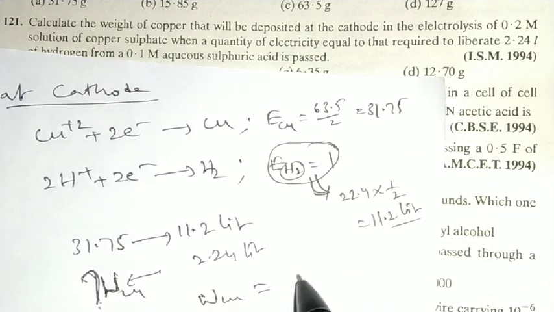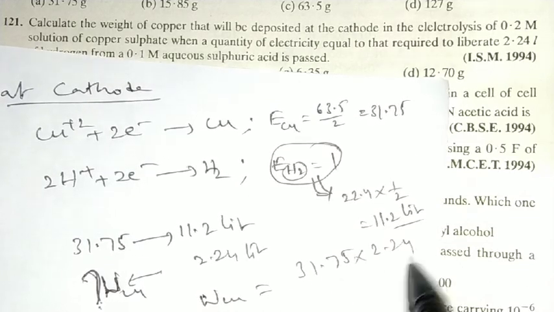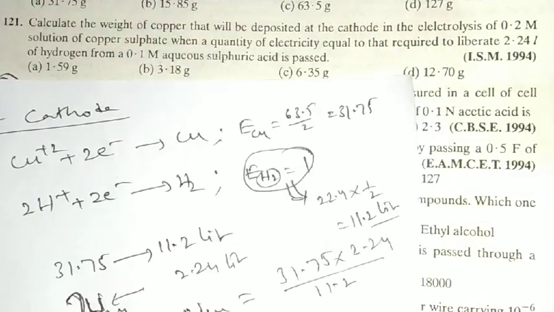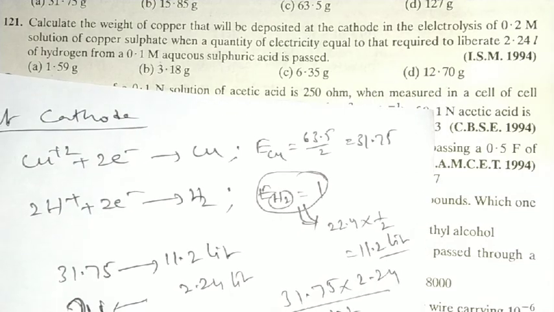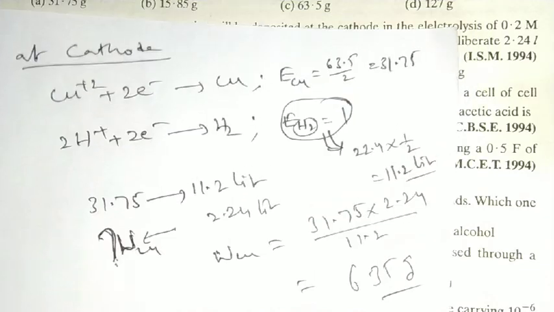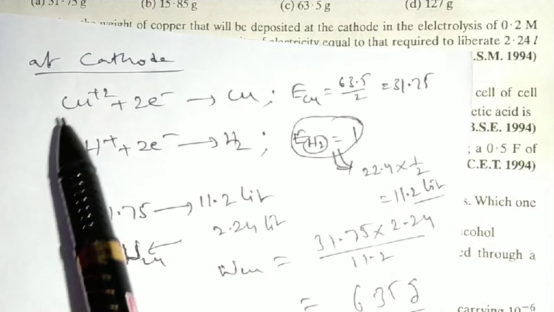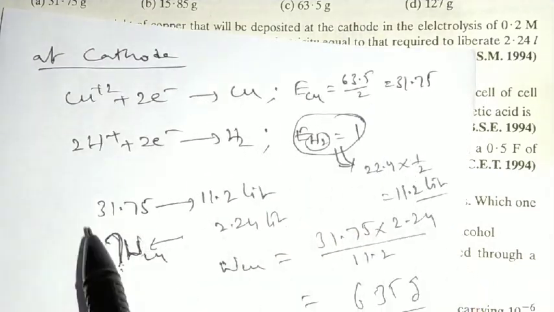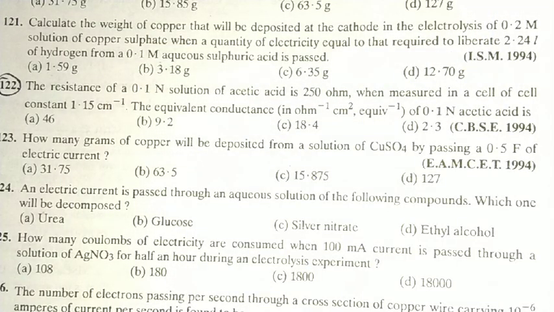So weight of copper equals 31.75 into 2.24 by 11.2. Is it okay? If you simplify, you will get 6.35 grams. Is it clear? So irrespective of the concentration, we can directly consider the reactions, the copper reaction and the hydrogen reaction, just combining them in terms of equivalents, then we'll get the volume. Is it clear? Right. Look at the next question.